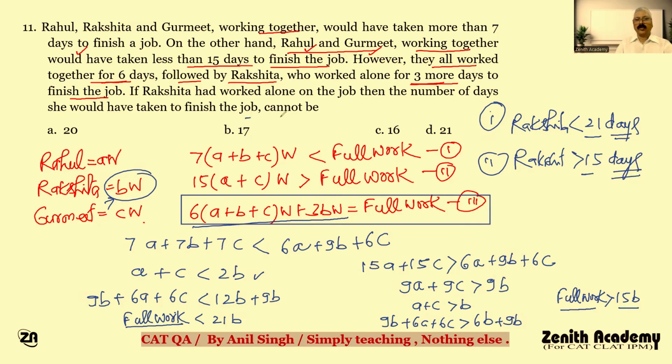So the question was, which cannot be. 20 days is less than 21. 17 is less than 21 and greater than 15, can. 16 is less than 21 and greater than 15, can. Yes, 21 is not less than 21. So Rakshita cannot do the job in 21 days. Answer is 21.